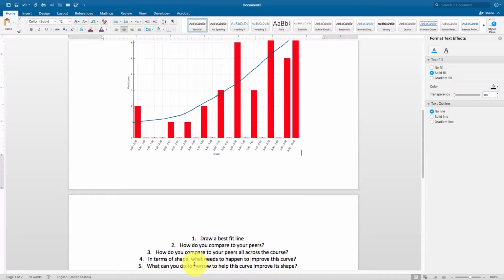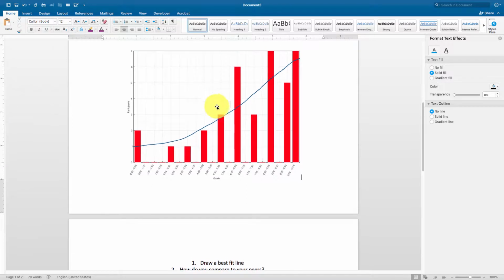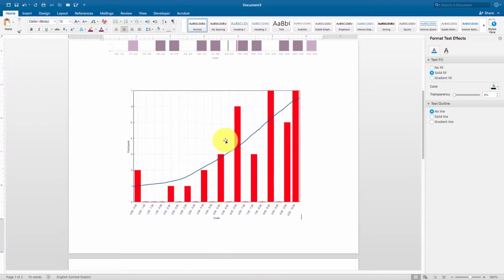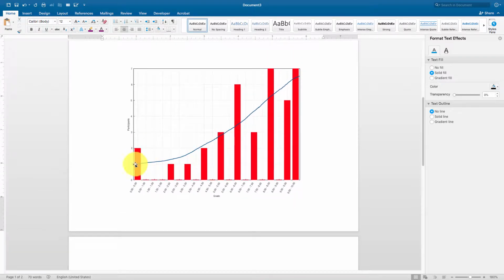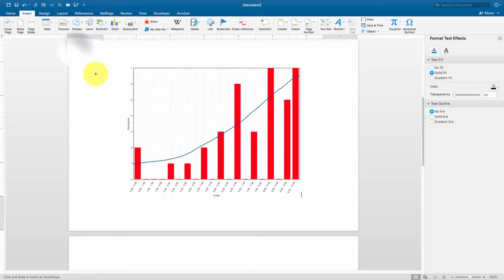One of the other things that I like to do in terms of shape is ask what needs to happen to improve this curve. So we would talk about at the beginning of the class the fact that this is a pretty good looking curve. The only way to improve this curve is for the curve to now look like this, so nobody fails.